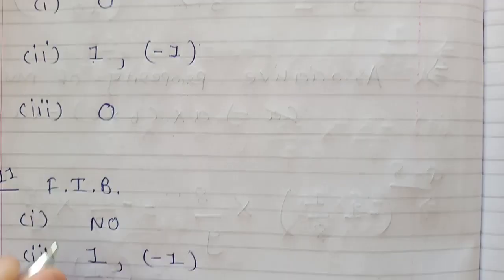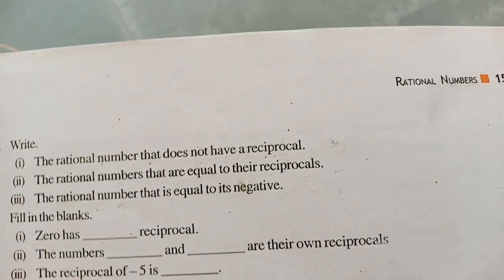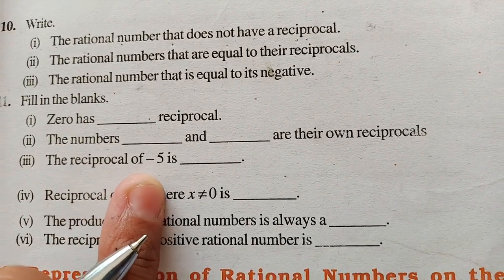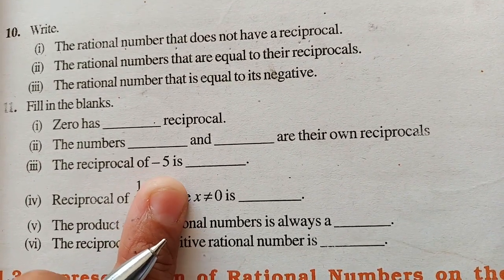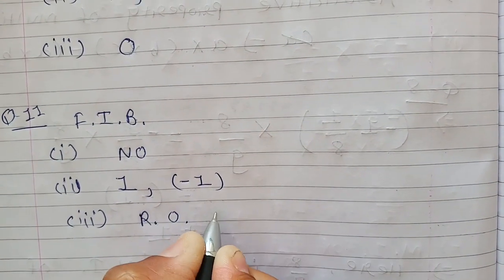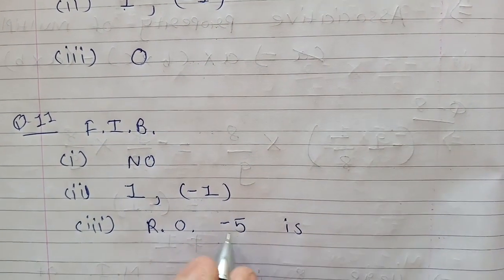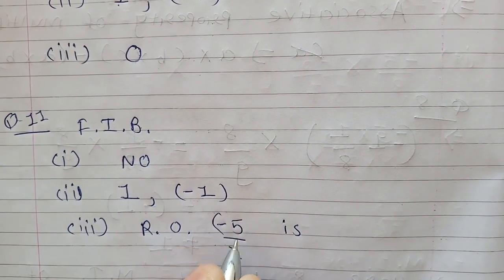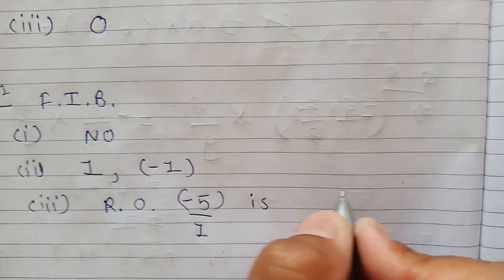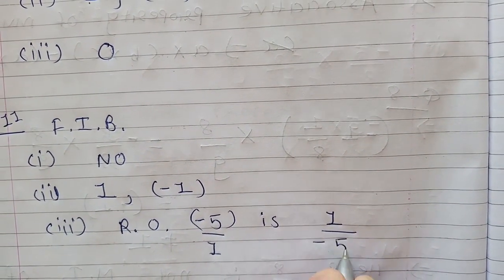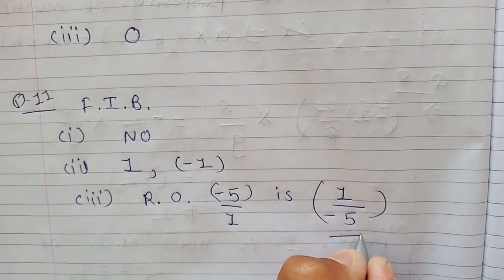After that, the third blank: the reciprocal of -5 is. So -5 we can write as -5 upon 1. So our answer is 1 upon -5. This one is our answer.